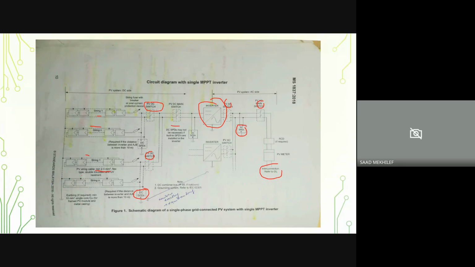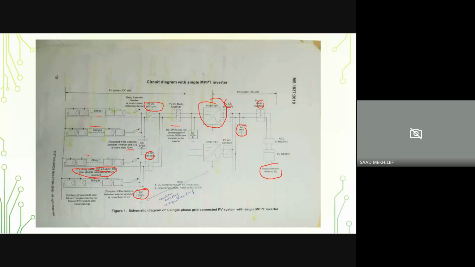Okay, so there are different requirements, even for the cables. For example, what's the minimum type? It must be flexi type, double insulated, and UV resistant. This is the specification for the cable design that I mentioned just now. It is required if the distance between the inverter and the box is more than 10 meters.